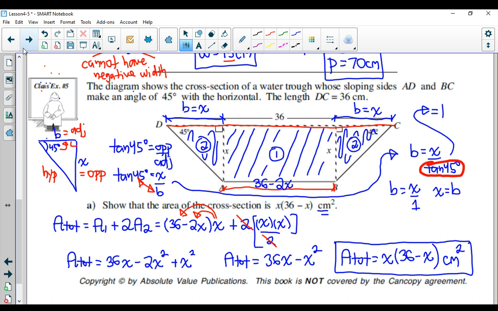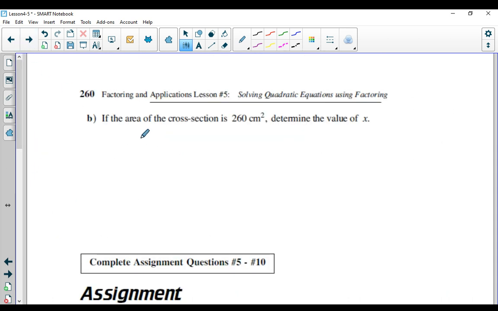Now we got one more part to do. So it says if the area of the cross section is 260 square centimeters, determine what the value of x is. Okay, because x is an unknown length dimension that we don't know right now. So let's go back to my equations. The equation we just got was your total area is equal to x times 36 minus x.